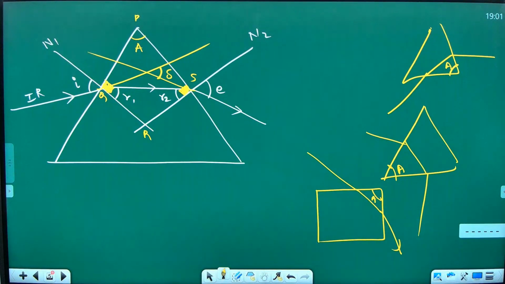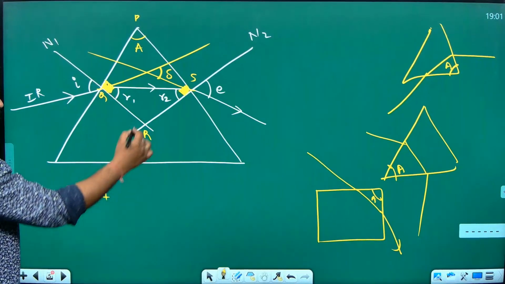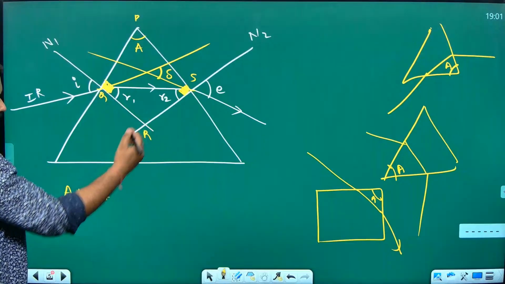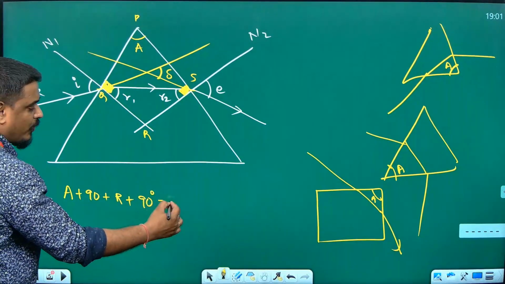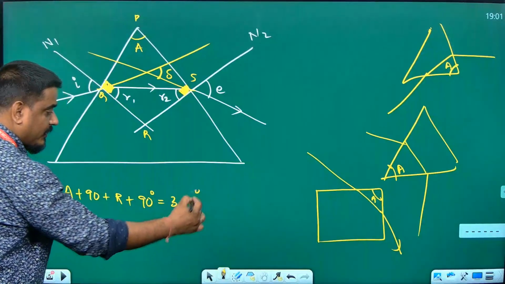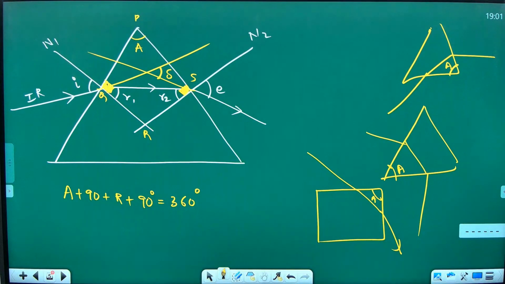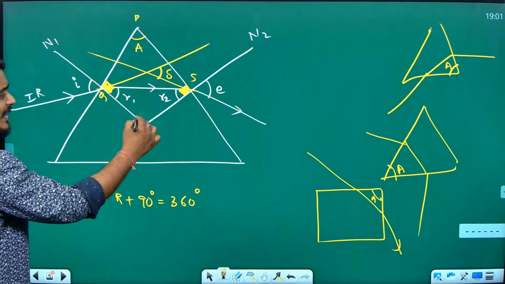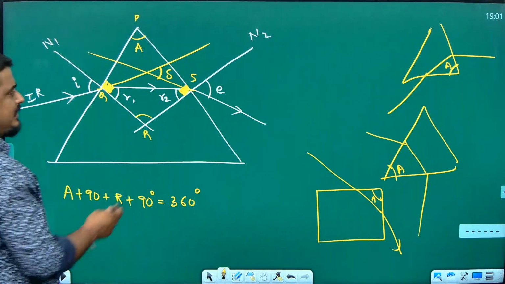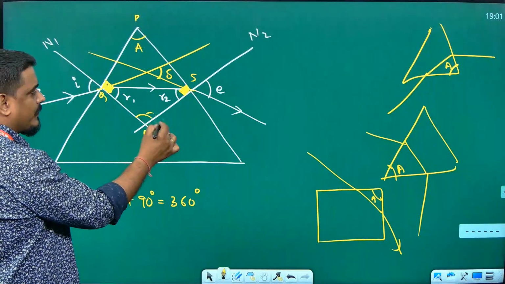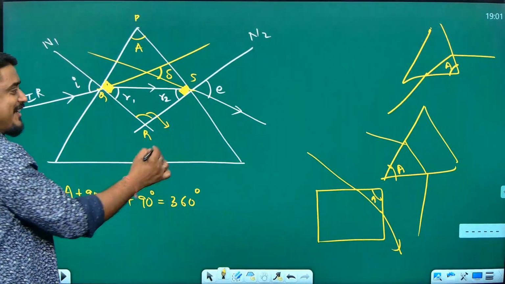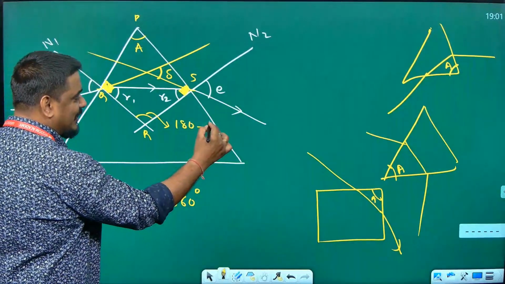Can I say that angle A plus 90 degree plus this, let me call it as angle R plus 90 degree is equal to 360 degree? Don't you agree with me? So, I can say that, what is this angle by the way? Let us write the value of it. This is R1, this is R2. What will be this? R3. Very good. 180 minus R1 plus R2. Can I write like this?